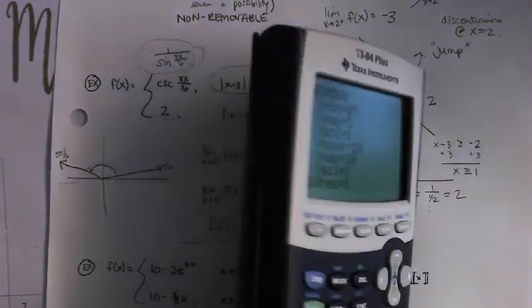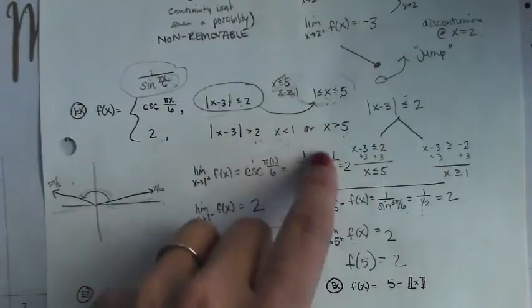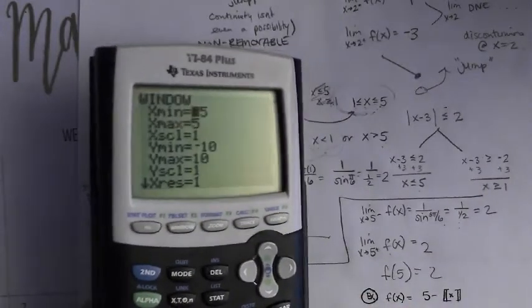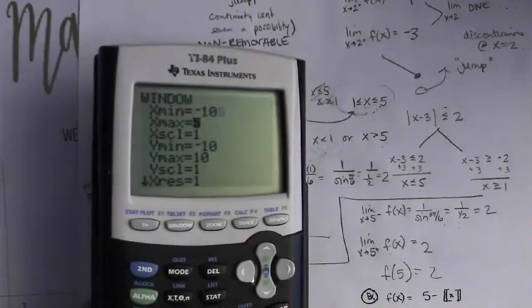And my window, my interesting places of conflict are 1 and 5. So I'll go negative 10 to 10.